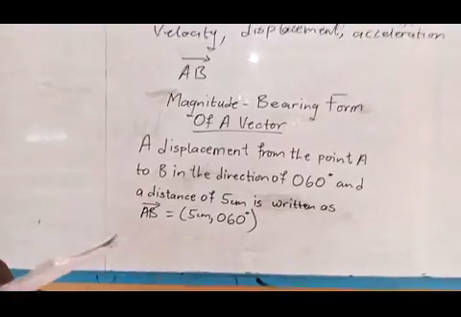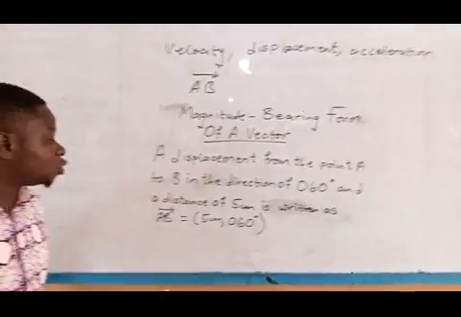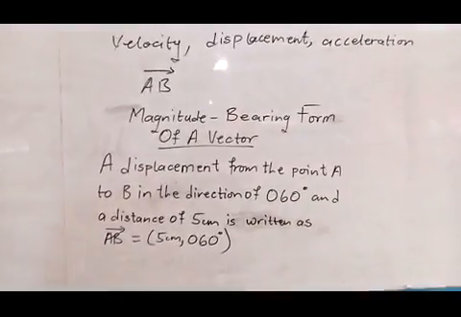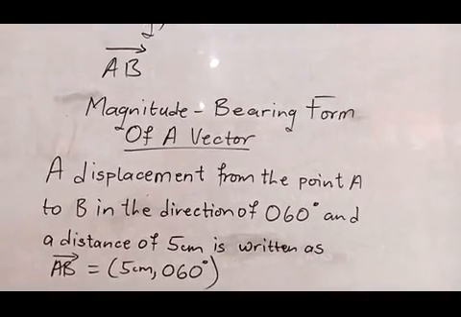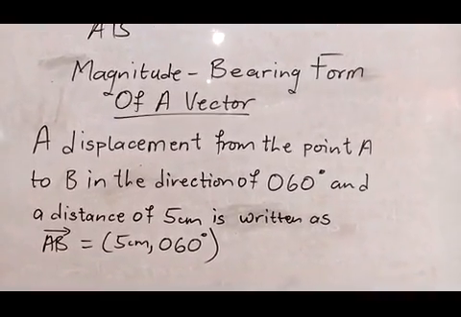Alright, so displacement from the point A to B in the direction of 060 degrees and a distance of 5 centimeters is written as this.